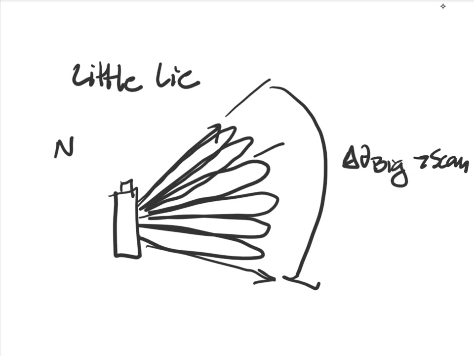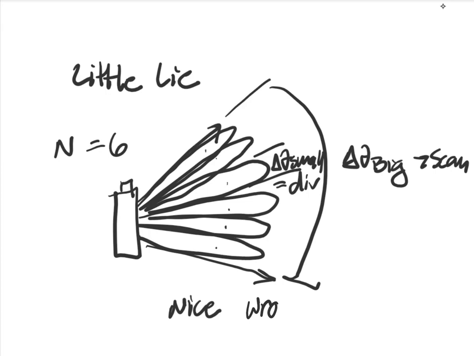Then we'd have this little delta theta, which would equal the beam divergence. And then I would say n is just the number, 1, 2, 3, 4, 5, 6, the number of beams that fits within the scan angle. And this was a nice picture, but it was also wrong.